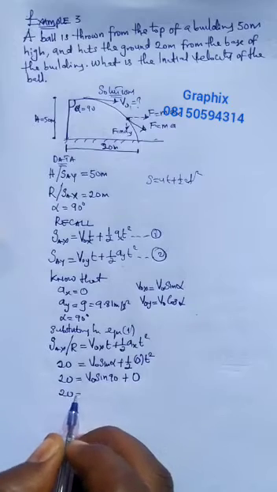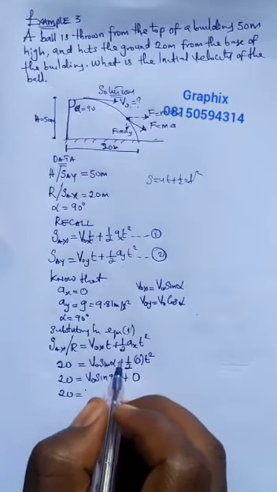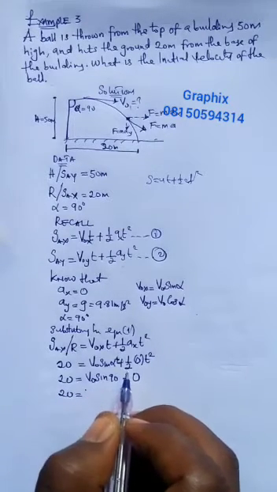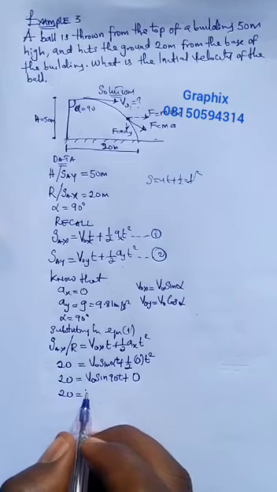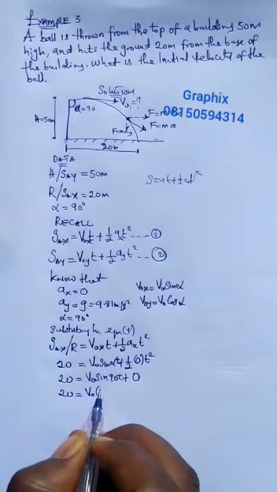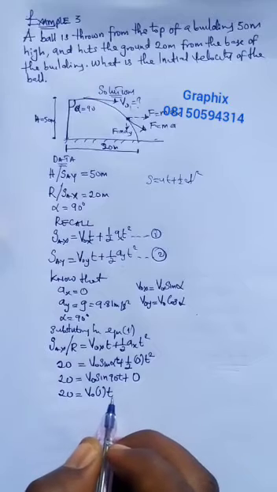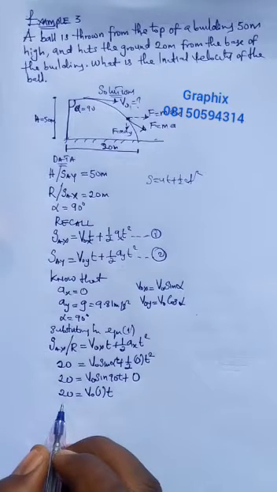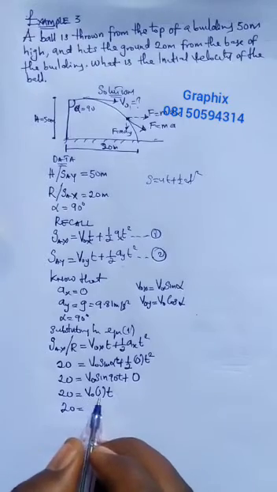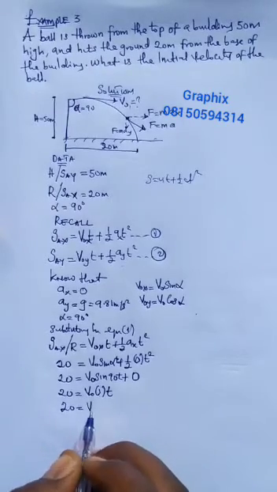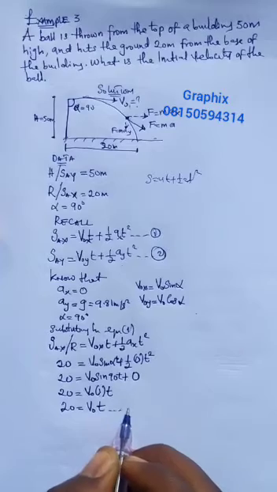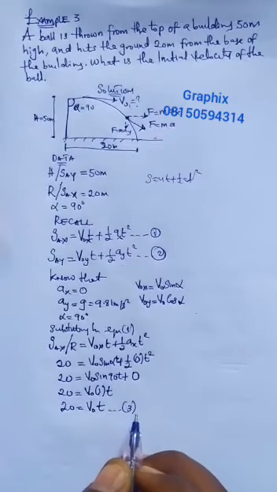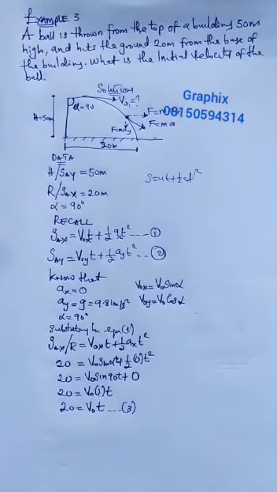So my 20 here will give me, sine 90 is 1, so don't forget that there's a T here. V naught times 1 is V naught, times T. We have V naught T. That is my equation 3. Are we good?